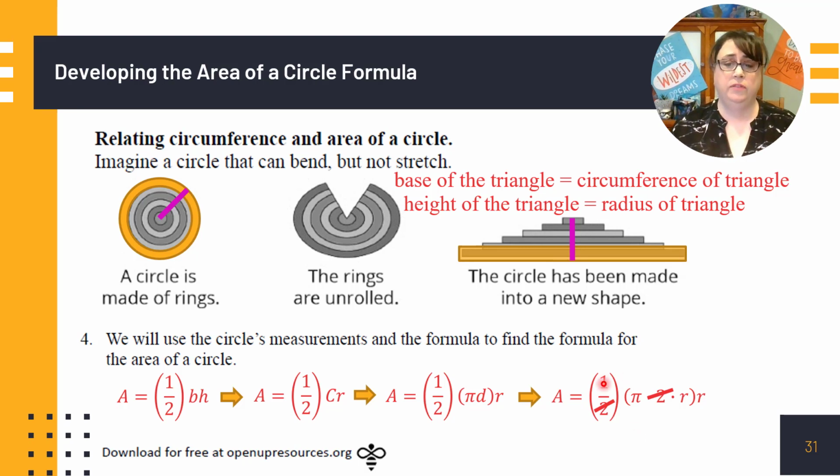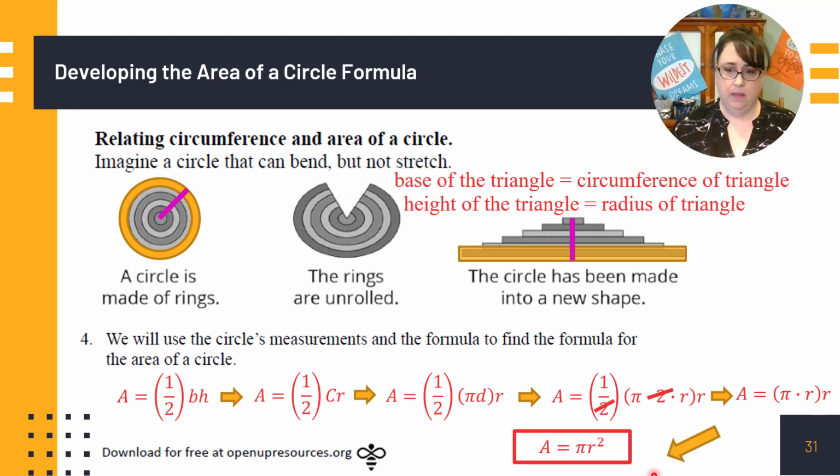Now I'm going to have 1 times pi, which will just be pi. And then r times r would be r squared. So now I have the area is equal to pi r squared. We now have a formula for the area of a circle.